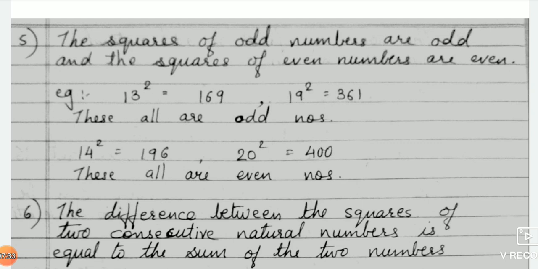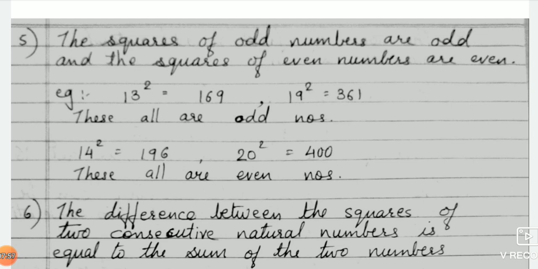So that is also an odd number. Now for an example of an even number, 14 is an even number and the square of 14 is 196. Our next example is 20, an even number, and the square of 20 is 400. So 400 is also an even number.